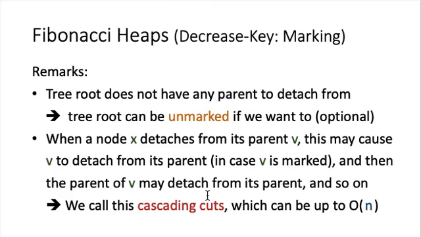It's like one cut triggering another cut, and so on and so forth. Because the height of a component tree can be up to order of n, the cascading cut event could have length of order n. So the worst case running time for decrease key could be up to order of n.